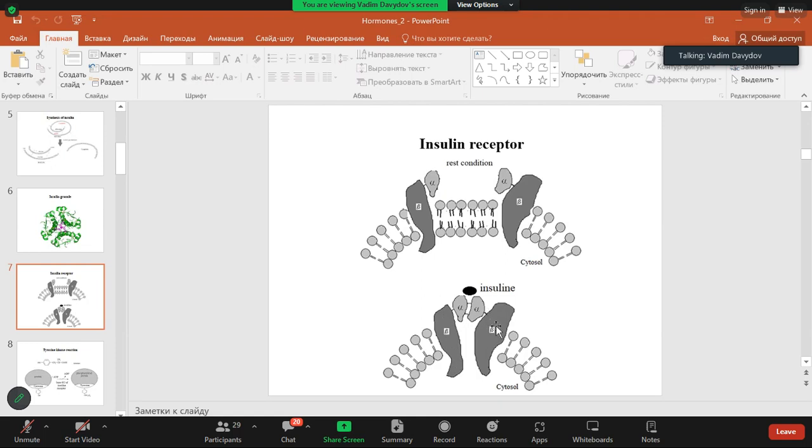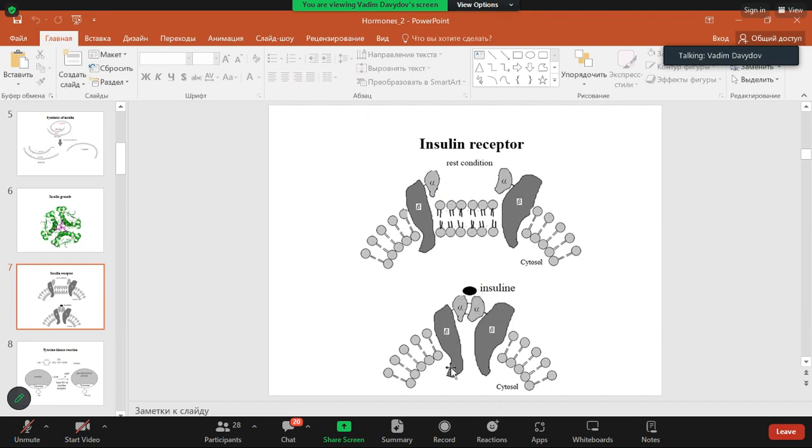And different kinds of chain possess different properties. The alpha subunits, alpha chains of the insulin receptor, contain the specific site for binding of insulin.